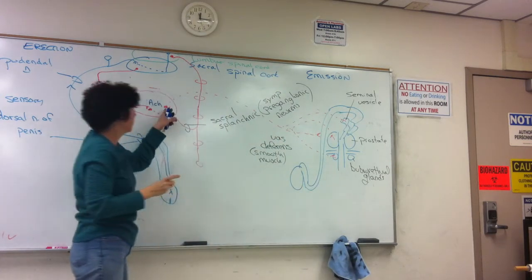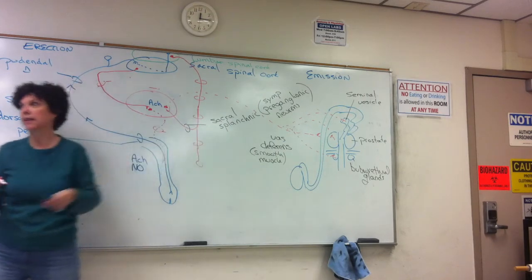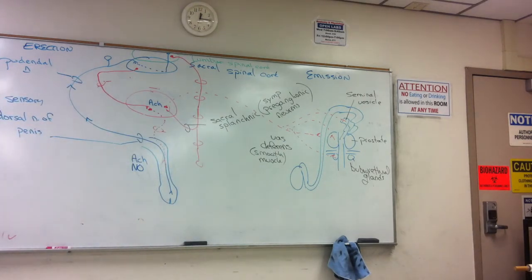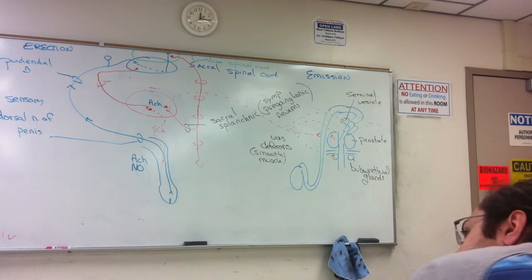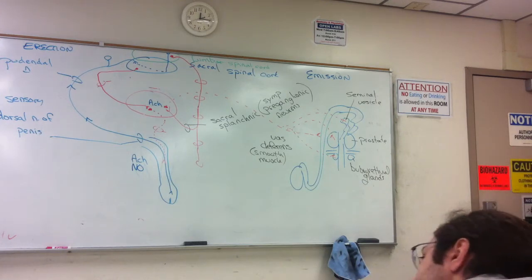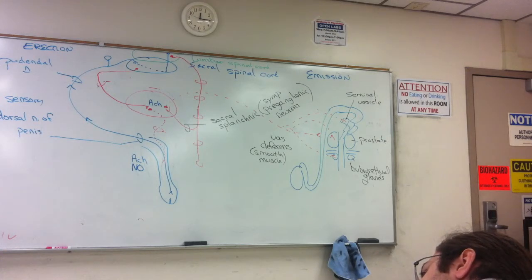So the postganglionic neurons then leave the inferior hypogastric plexus to end up on the organs. And that's in this Netter's diagram here. So coming to the vas deferens, coming to the glands.